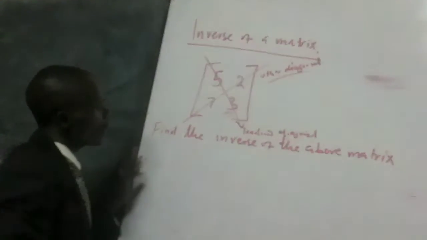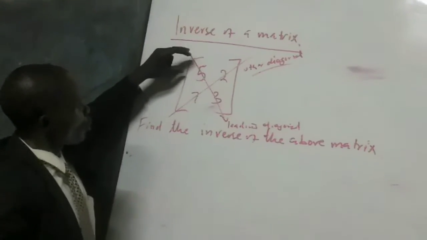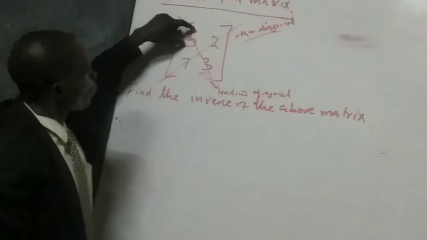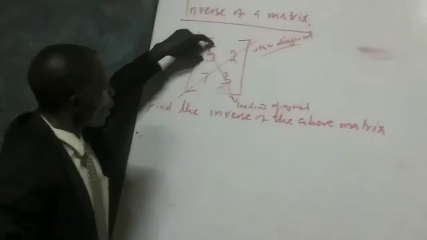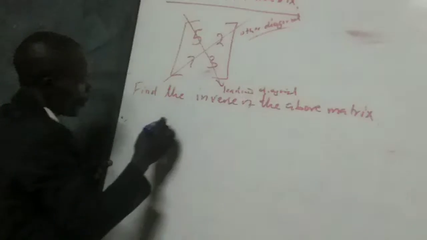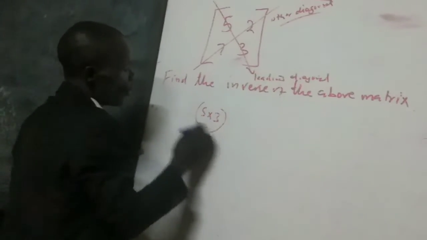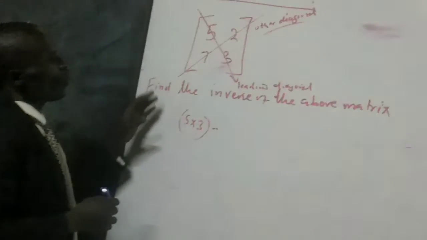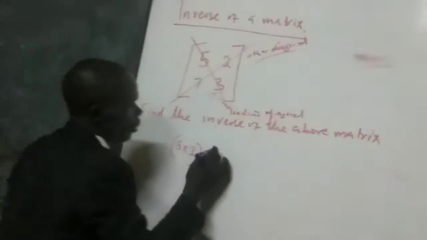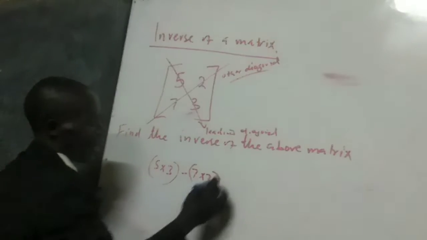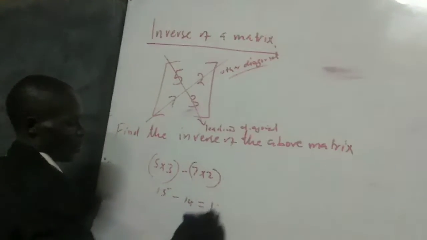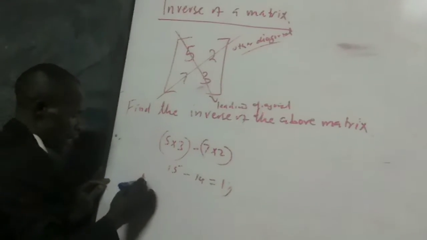So for us to get the inverse of this matrix, we will find the product of elements in the leading diagonal, that is 5 times 3. Then we take away the product of elements in the other diagonal, that is 7 times 2. And this one is 15 minus 14, and that is 1. Now this difference is called the determinant.